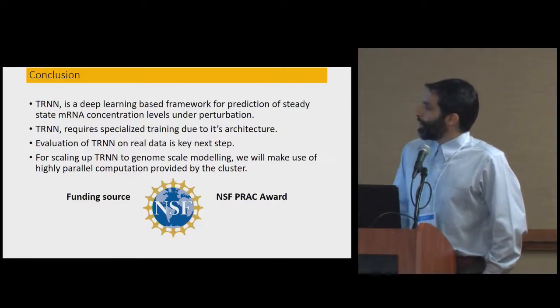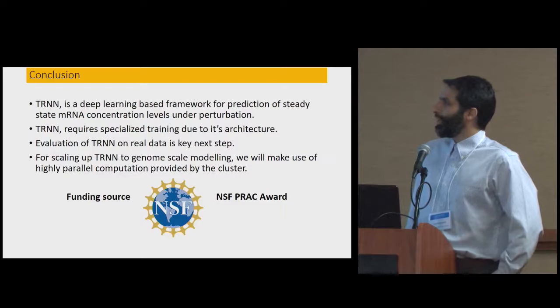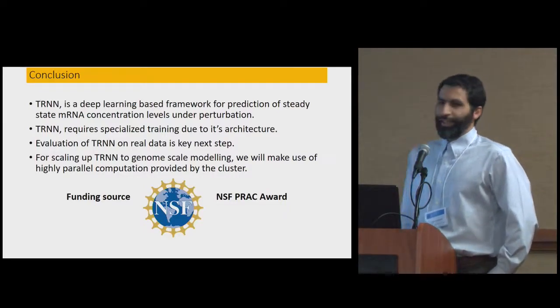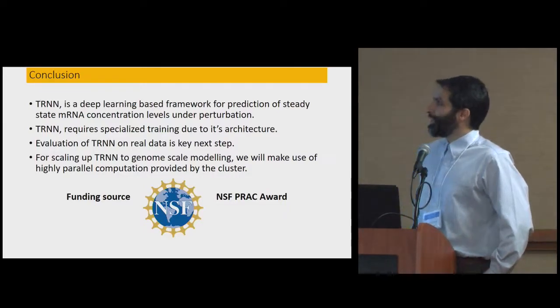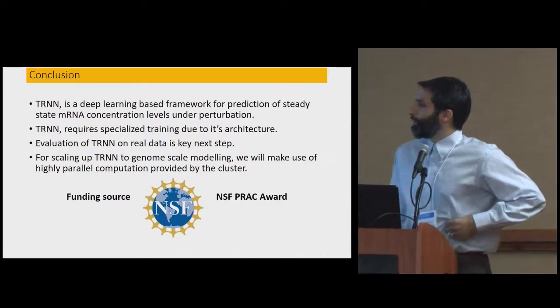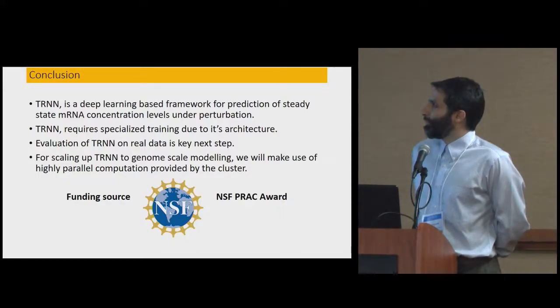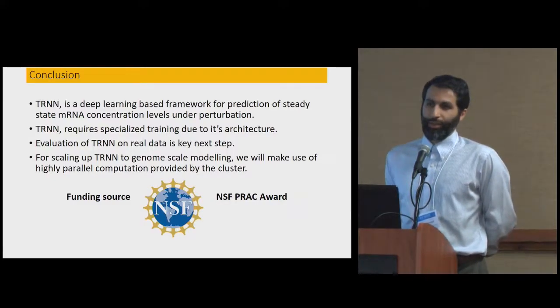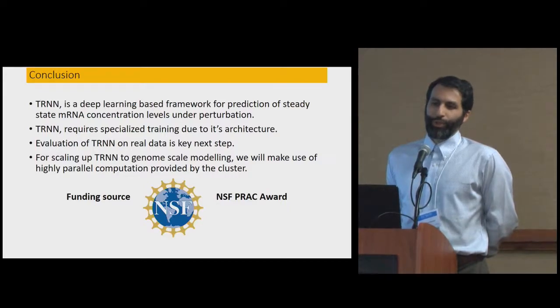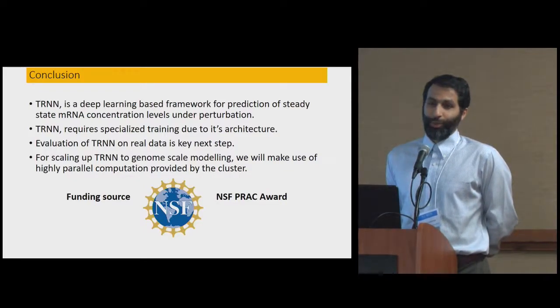And in conclusion, I would like to summarize: TRNN, which is Transcription Regulation Neural Network, is a deep learning-based framework for the prediction of steady-state mRNA level. It does require specialized training, though. So the usual ways in which you go about optimizing neural networks did not work.